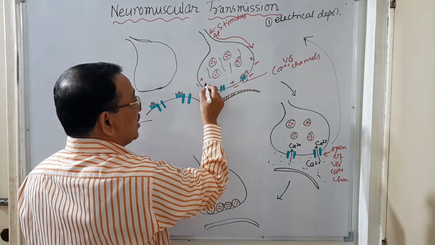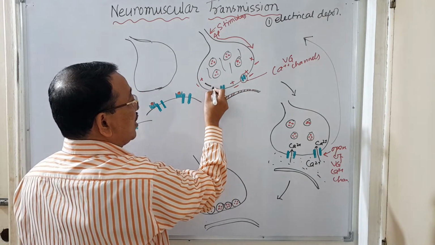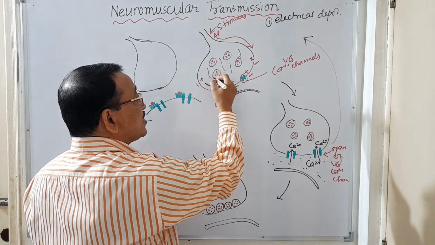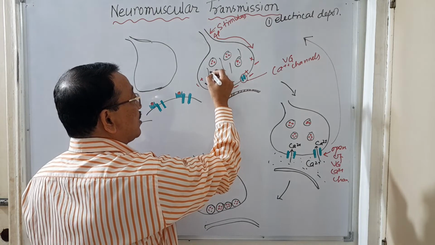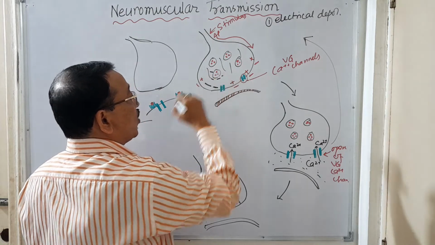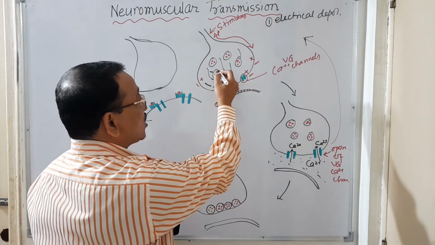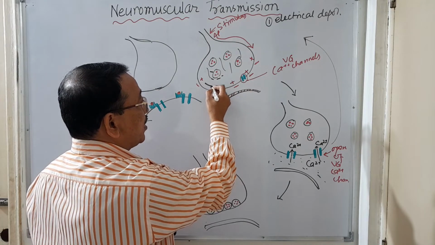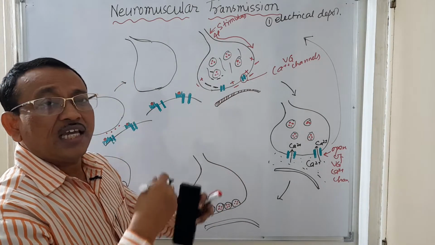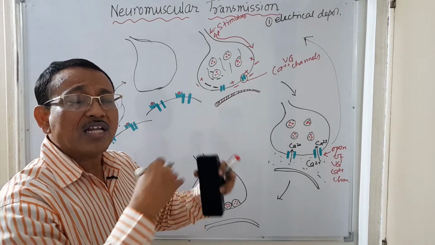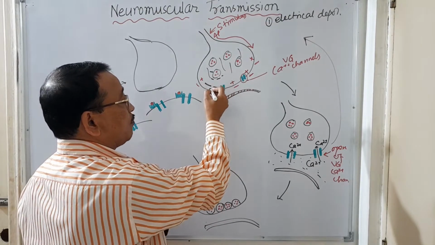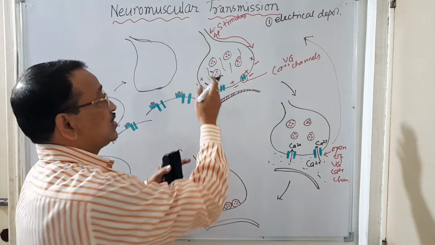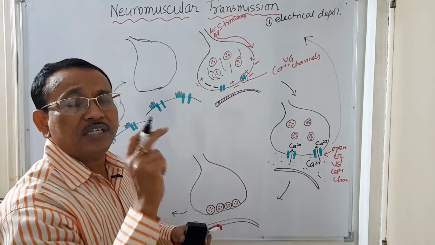So here you see, generally in the resting condition, once the stimulus is not applied, the inside of the membrane is electronegative. But the outside of the synaptic vesicular membrane is also electronegative. So there is an electrostatic repulsion between the synaptic vesicle and the presynaptic membrane.